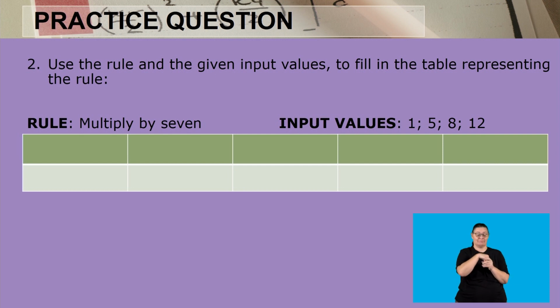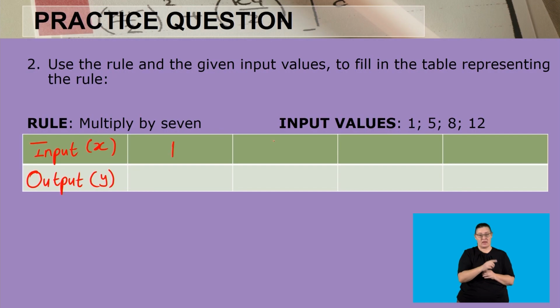So in this table, where do the input values go? Yes, you are correct. We know that the input values are the ones that go in the first part of our table. And of course, that would mean that the output values are the ones that go at the bottom of our table.